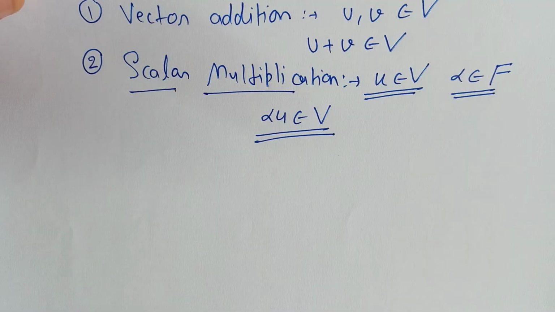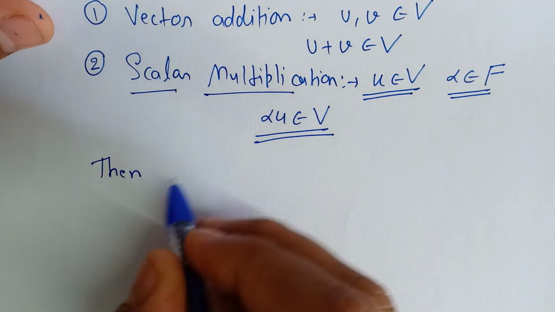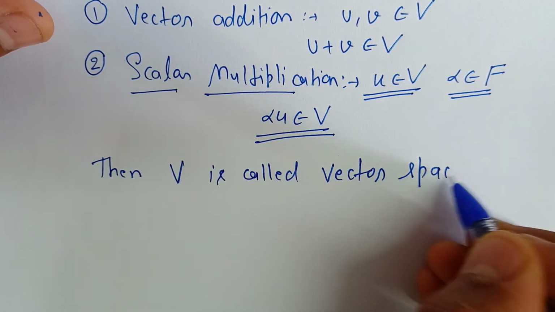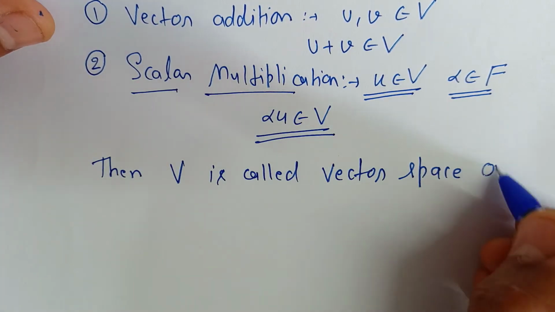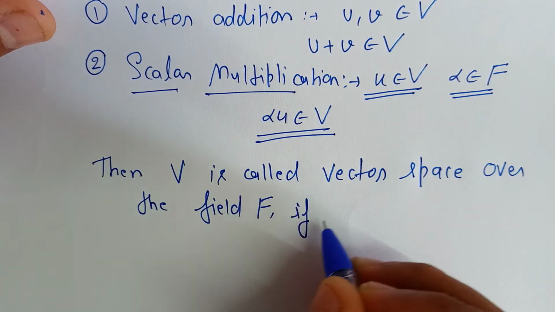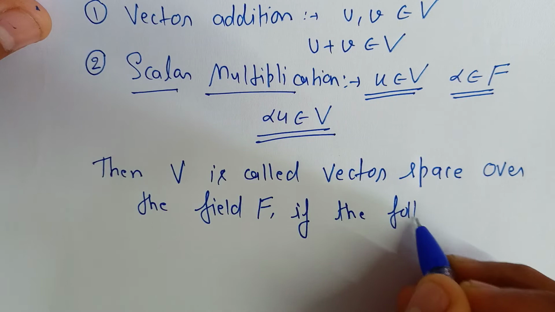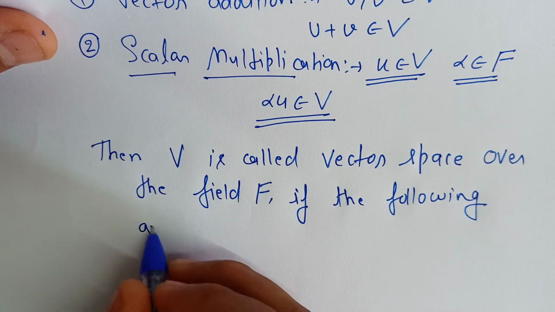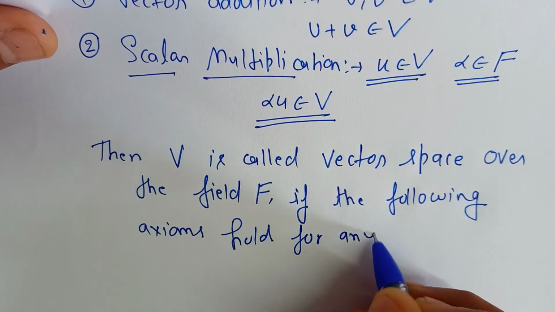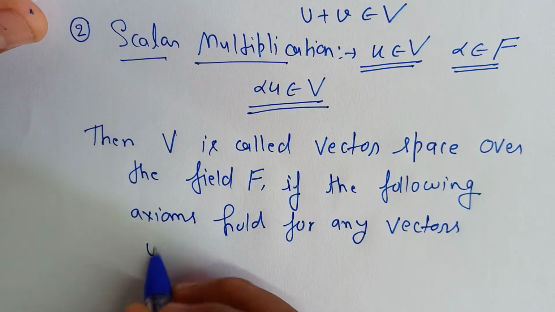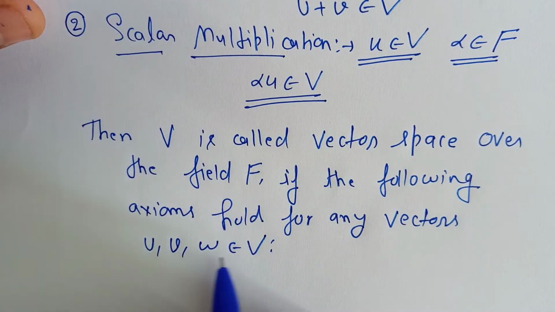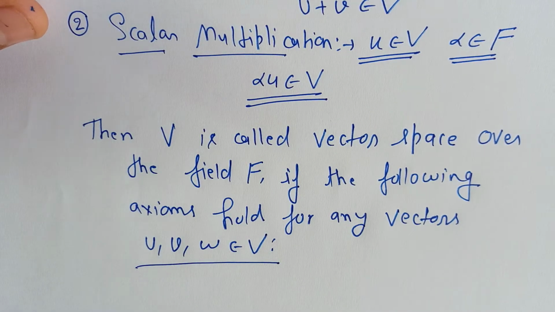Okay, then the set V is called a vector space over the field F if the following axioms hold for any vectors u, v, w belonging to V. So V is called a vector space over the field F if the following axioms hold for any vectors u, v, w belonging to V. So let us see what are the properties we have.